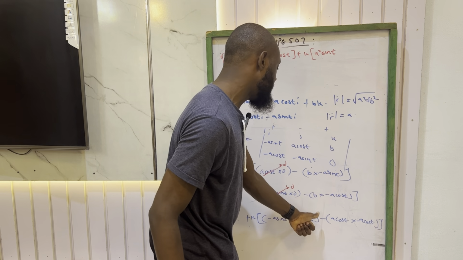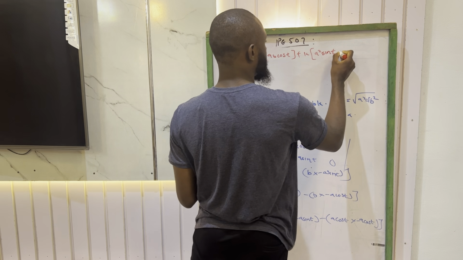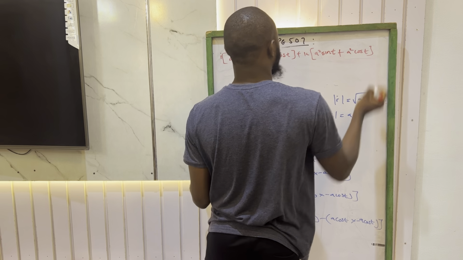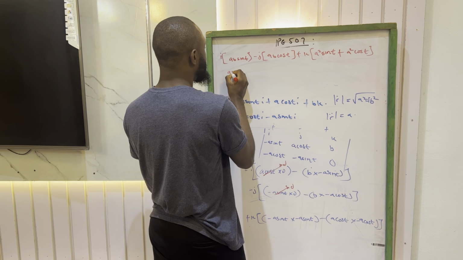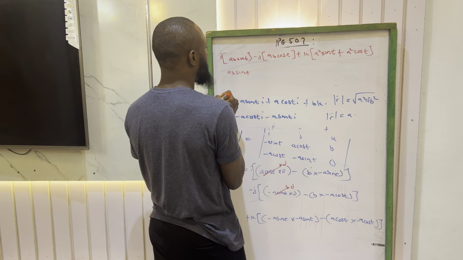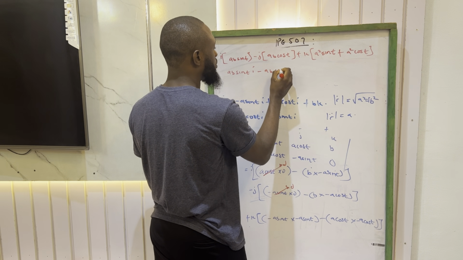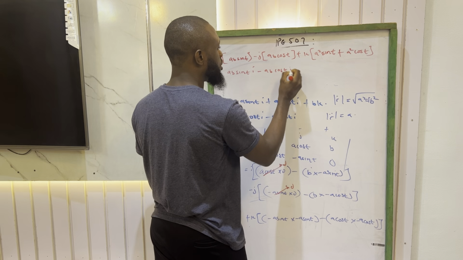So that's positive. So that's plus a squared cos t. So we have ab sine t i minus ab cos t j.